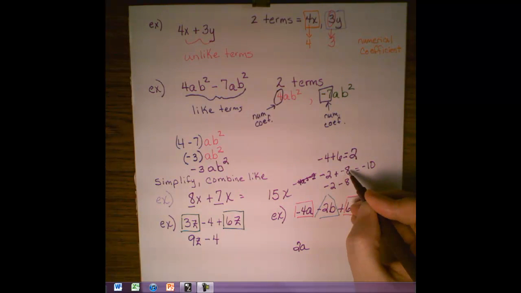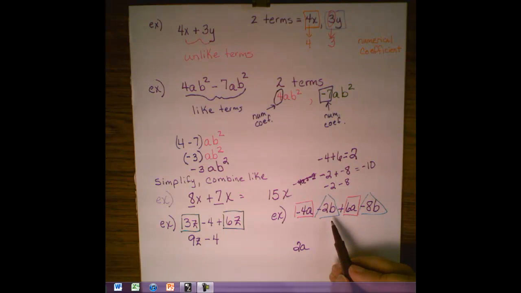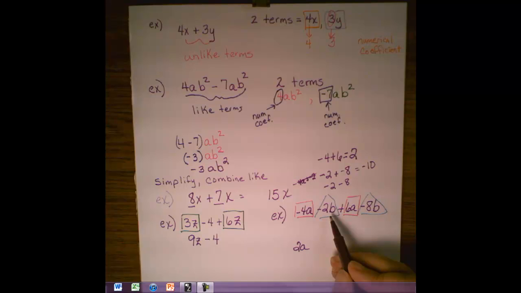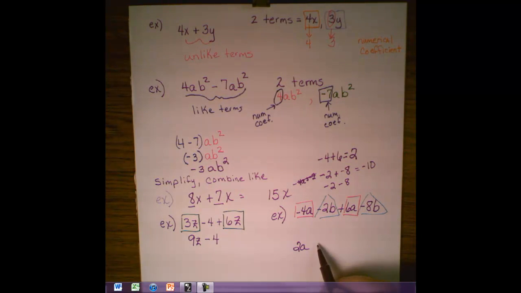If the signs are the same, add and keep the sign. Again, this is my duck theory. If it looks like a duck and quacks like a duck, it is a duck. So we have a negative and a negative, so 2 negatives means the signs are the same. We keep the sign, add the numbers, and then the variable part stays the same.